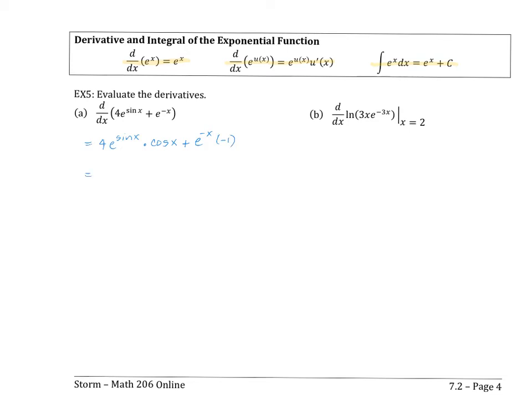So just cleaning this up, and sorry, this is my pet thing, I like the cosine in front of e. To me, it just looks better. And then this would be a minus e to the negative x. All right, so if the directions say that you have to answer with positive exponents, then you can go ahead and flip it. Again, I don't require that. You're done.